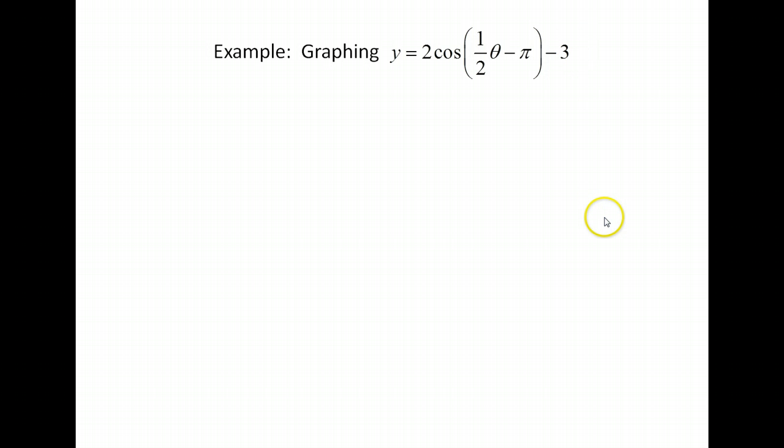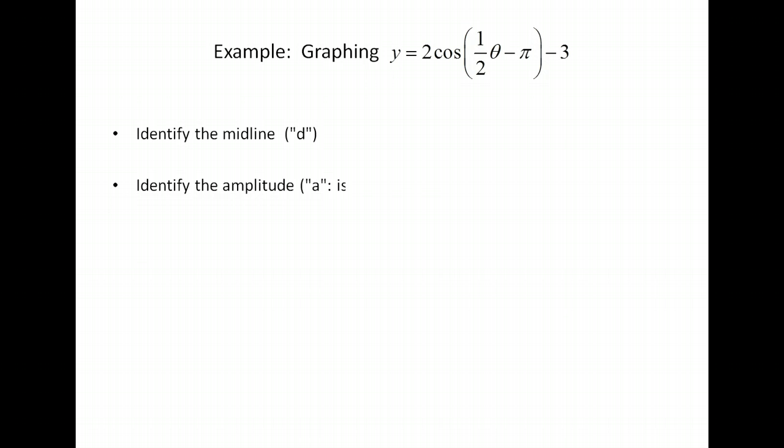Okay, so if you remember the four items of information that we need to gather first, here they are. Let's figure out what we need, and then we can move on to the graphing piece. The first two pieces of information are quite easy if you remember. The first thing we concern ourselves about is the midline.